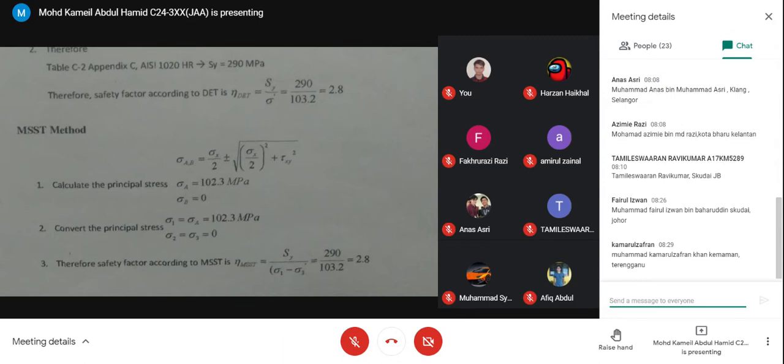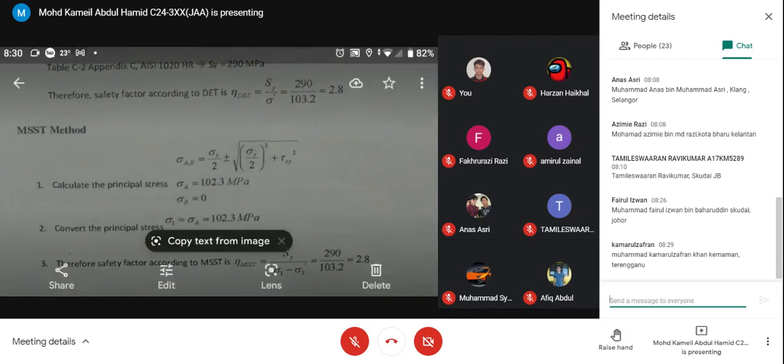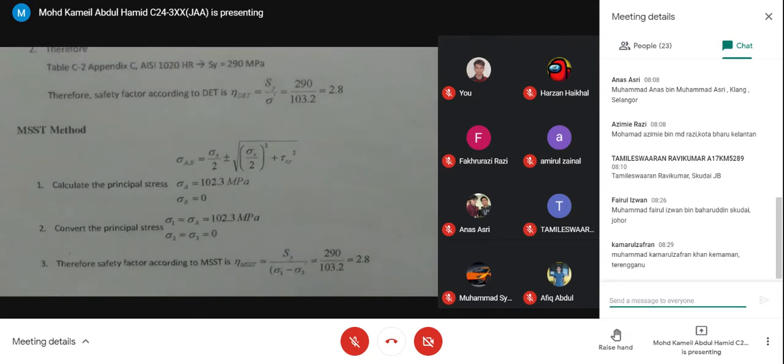Patutnya sigma x plus sigma y tak ada. So sigma A yang plus ambil tambah, sigma B ambil tolak. So that is the way. Get your sigma A. So sigma A is 102.3 megapascal. Okay, sigma B is 0.